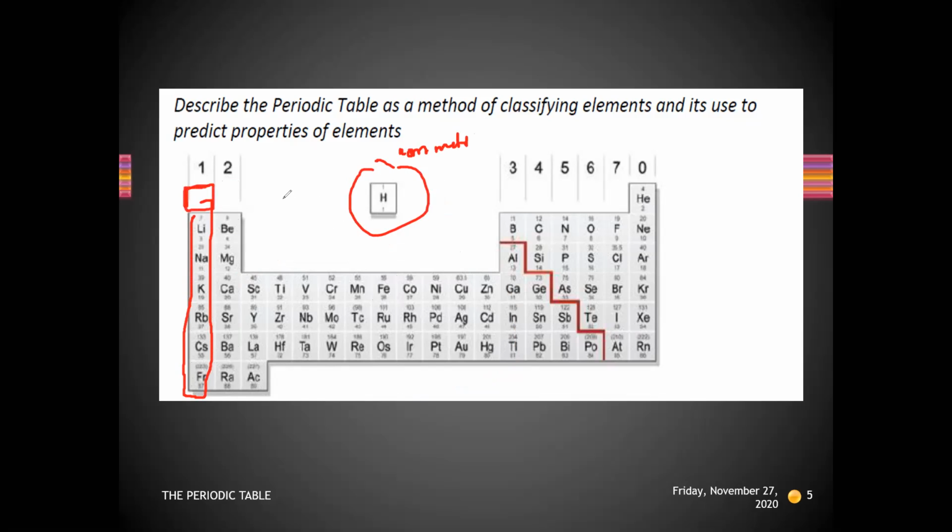But there's still a debate. Why is there a debate? Because elements in the same group should have similar properties. But when you check hydrogen, hydrogen is a non-metal, whereas the others are metals. That's why some chemists oppose this position of hydrogen here. That's why it is placed alone, not in a particular group.